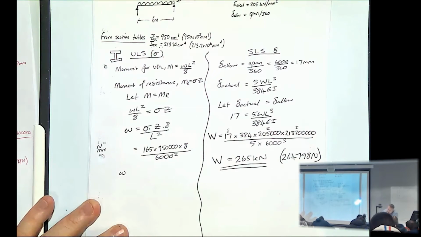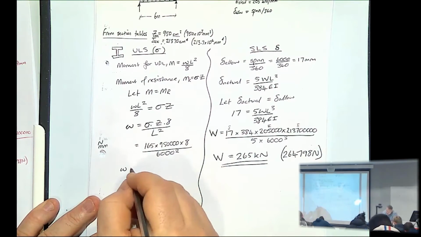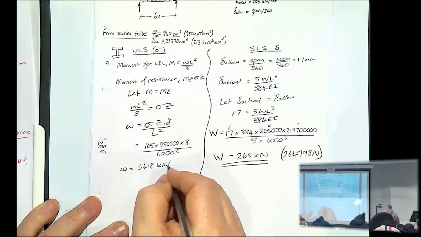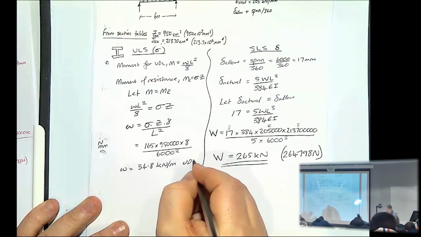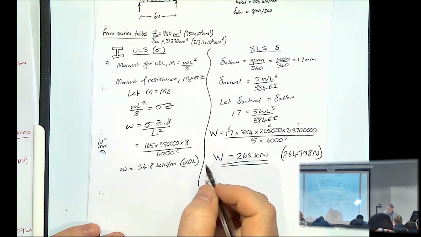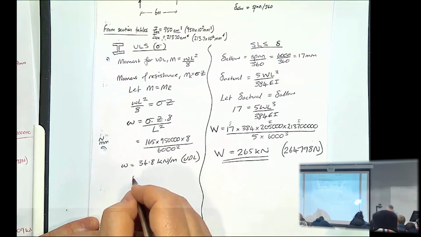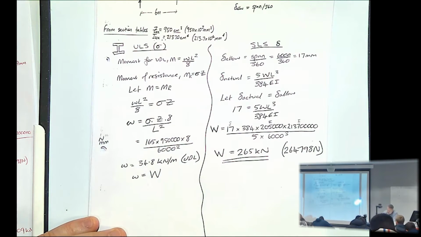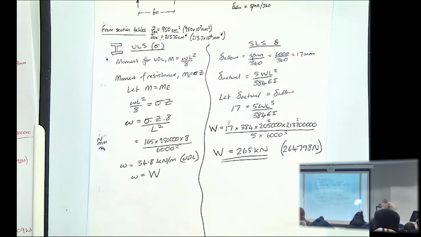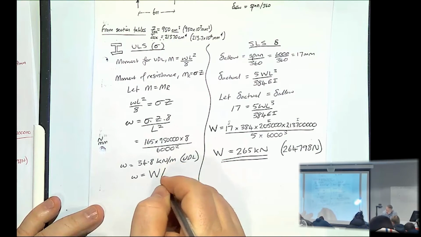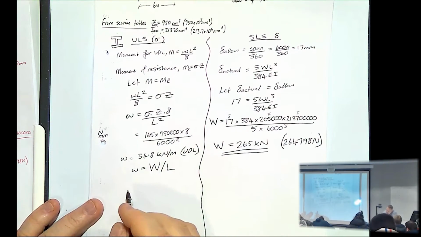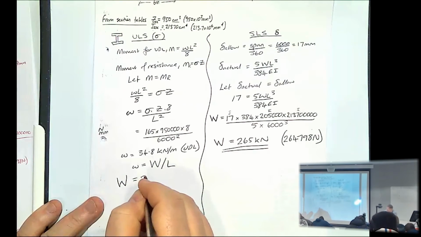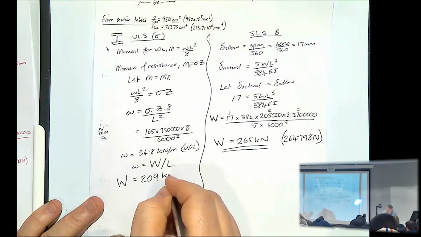So our UDL is 34.8 kilonewtons per metre. That's a UDL. Because small w is large W over L, our large W is 209 kilonewtons.